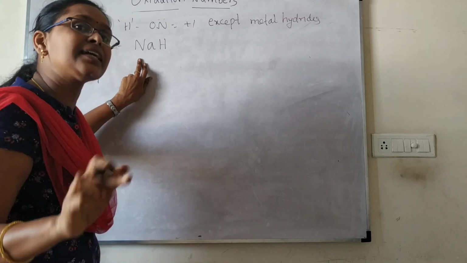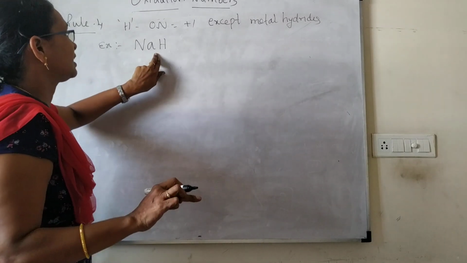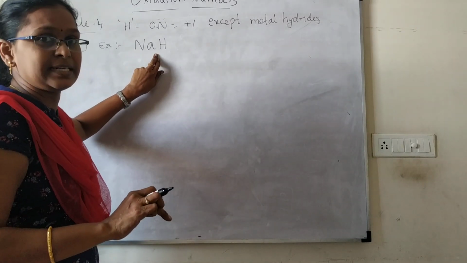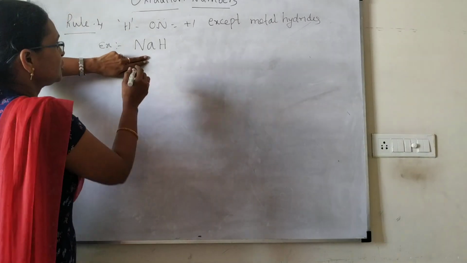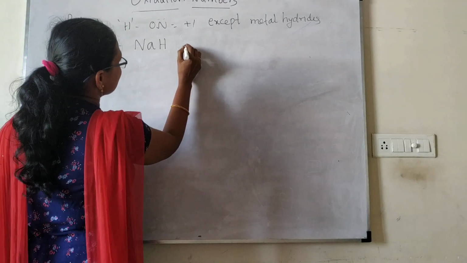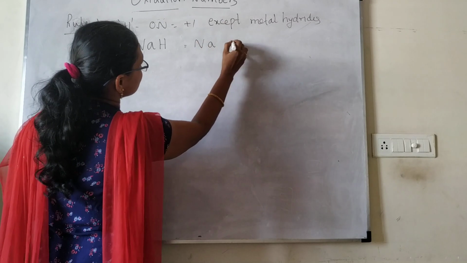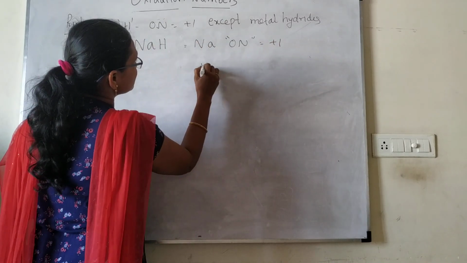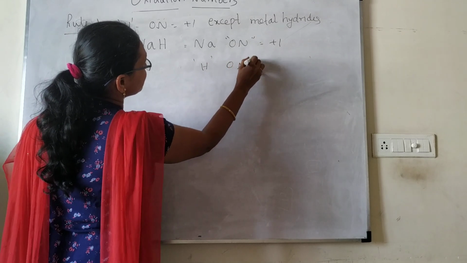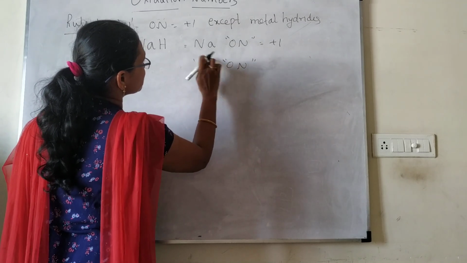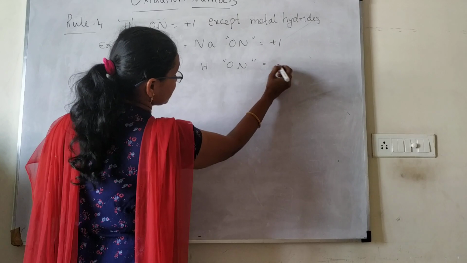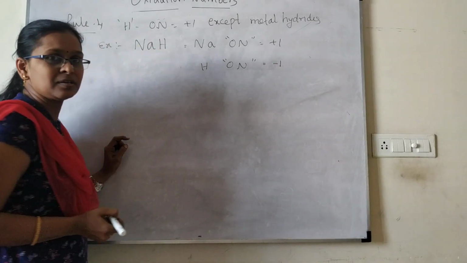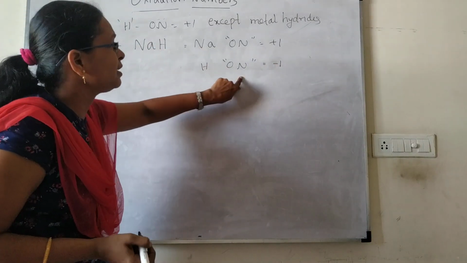Metal reacting with hydrogen, we say that as a metal hydride. So here sodium oxidation number will be +1 and hydrogen oxidation number will be -1. Okay, so hydrogen oxidation number will be -1.